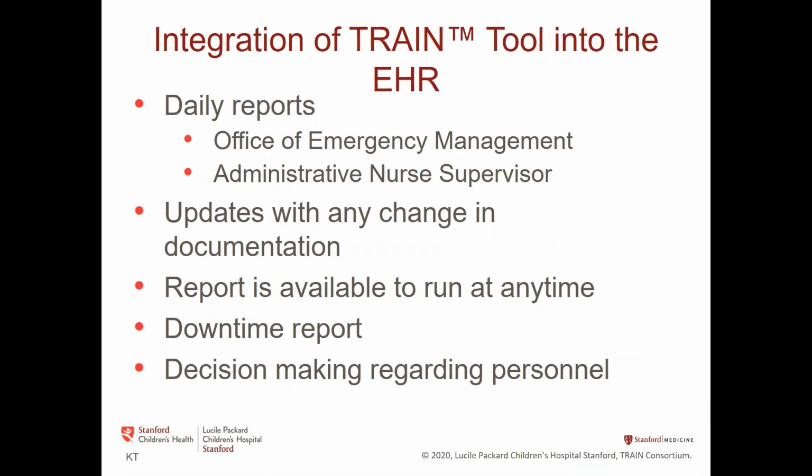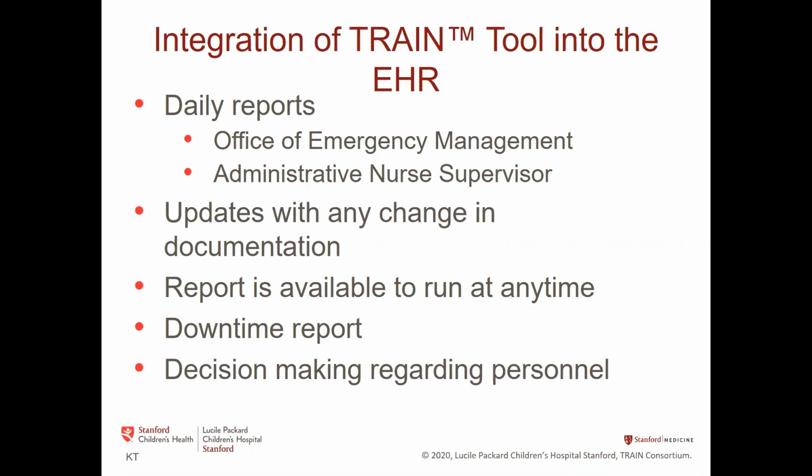Along with that, since it's in the electronic health record, you're able to create automatic reports, which we do send daily to our Office of Emergency Management and our nurse supervisors. You're able to run the report at any time to see who's in house. We also have it in our downtime computer in case anything goes down. So we at least have the last scoring.